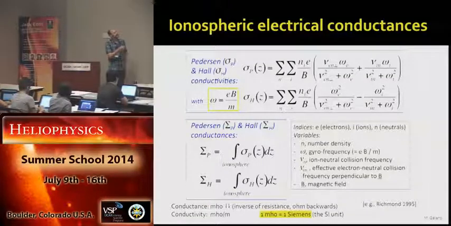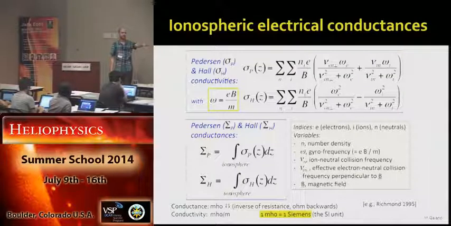This is just here for reference. I'm not going to go through all the terms in the equation, but they're all pretty straightforward, and we also saw them on Saturday. Just a reminder that Pedersen currents are perpendicular to the magnetic field in the direction of the electric field in the ionosphere, and Hall currents are perpendicular to both electric and magnetic fields.